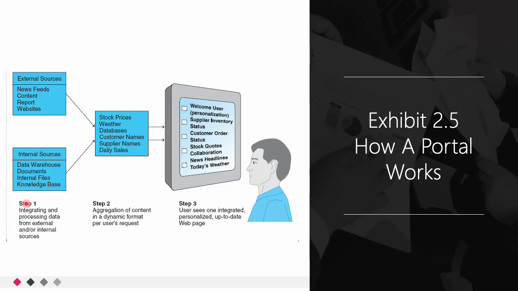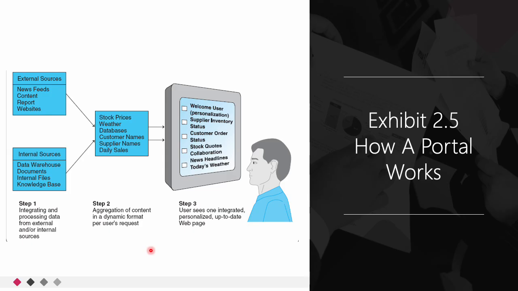The portal collects the raw data from everywhere, whether from the external sources or from the internal sources. Okay, the external sources can be from news sites, whether API or stock markets. Okay, and for the internal, the company databases, the sales reports, the customer files.